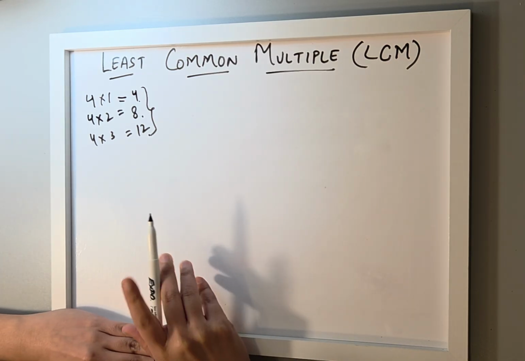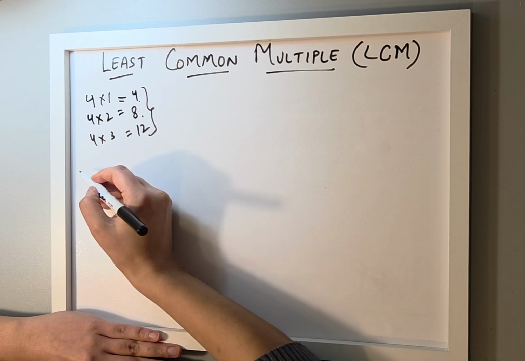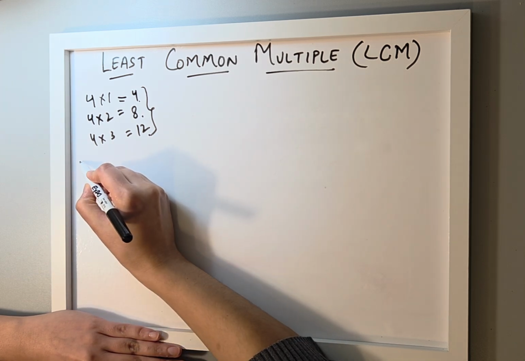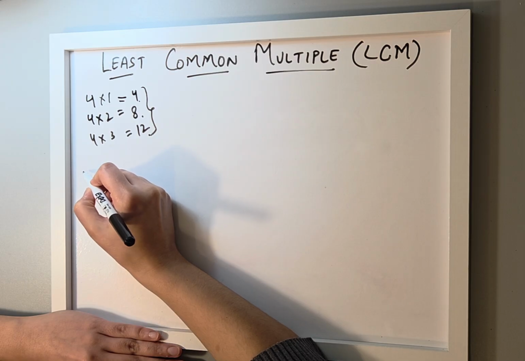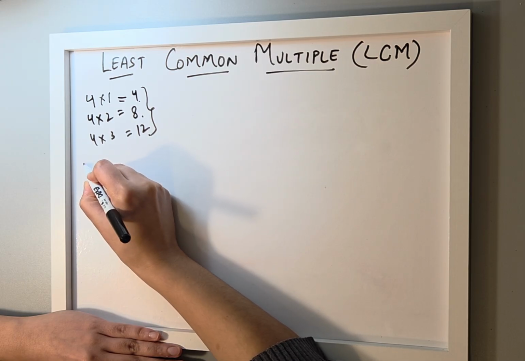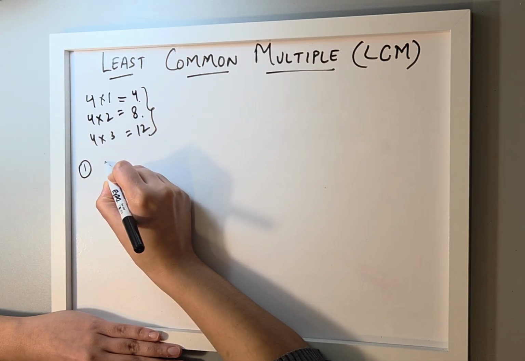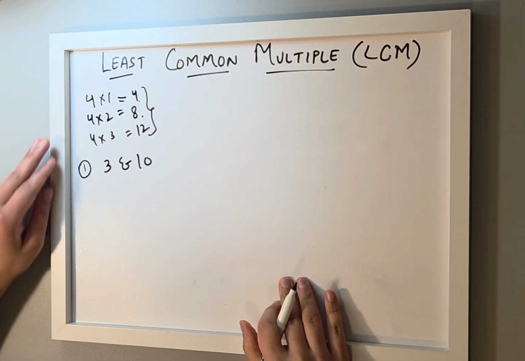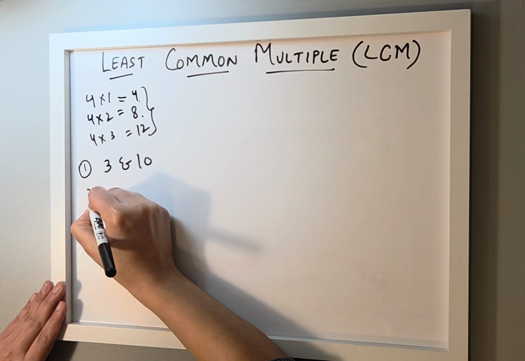Okay, so let's look at an example. Suppose we need to find the multiples of 3 and 10.